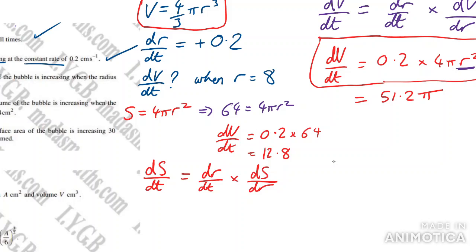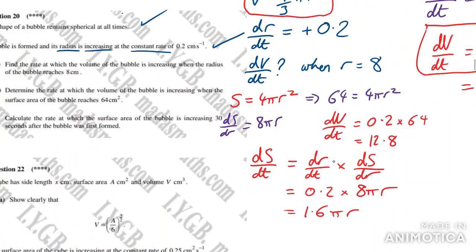We've already got what S is, so dS/dr will just be 8πr, and so this is equal to 0.2 times 8πr, in other words, 1.6πr.